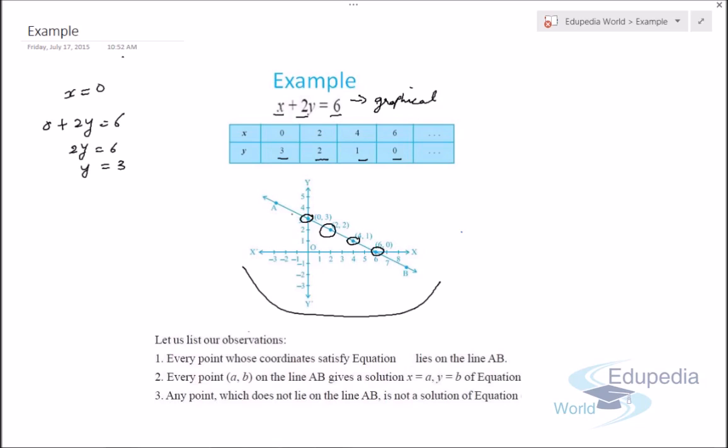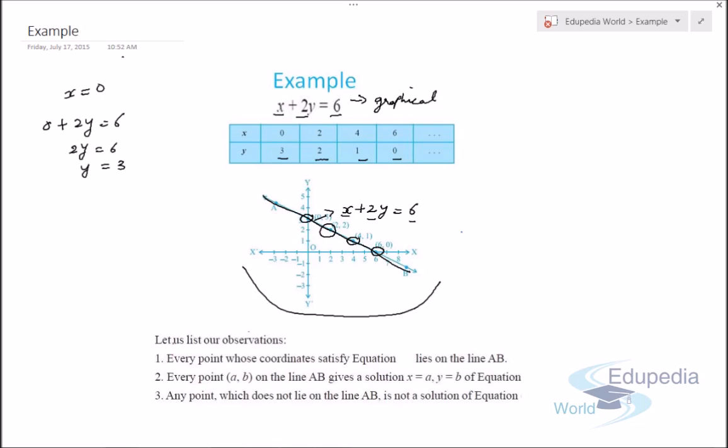Now we have drawn the points and we'll use a straight line to join all these points to get the equation x plus 2y equals 6. This means this straight line represents the equation x plus 2y equals 6. So this is the general form of graphical representation of linear equations in two variables.